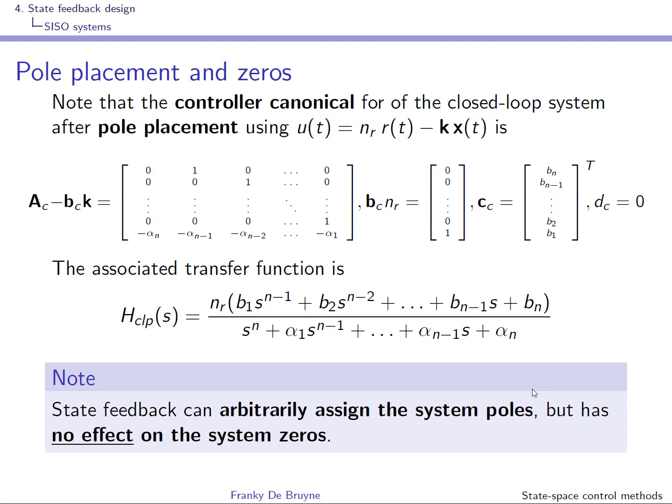In the teaching unit, digital control, we will see that there is a design method called the RST method that allows you to also affect the system zeros. This RST method applies a so-called 2-degree of freedom controller.